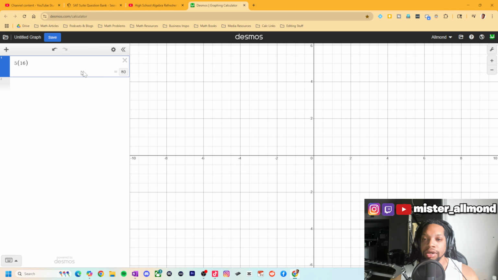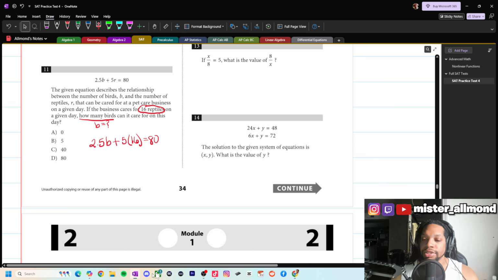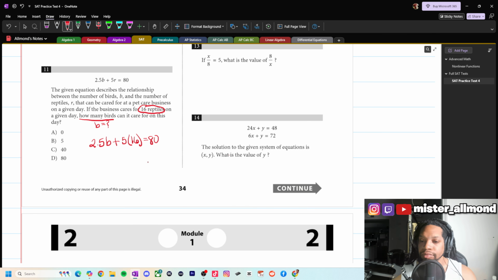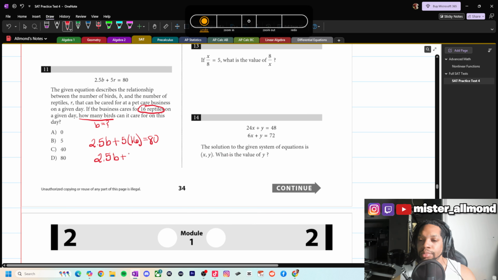Okay, so that's 80. 2.5b plus 80 equals 80.